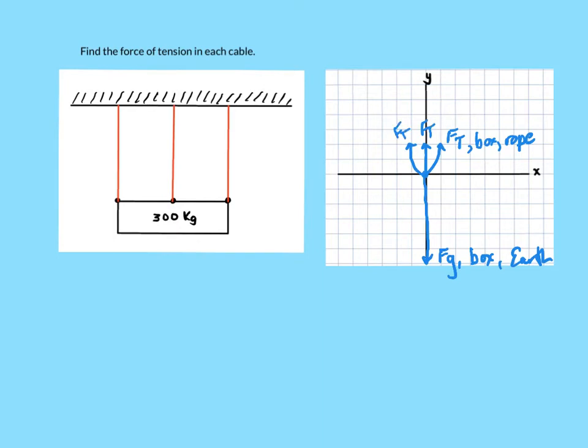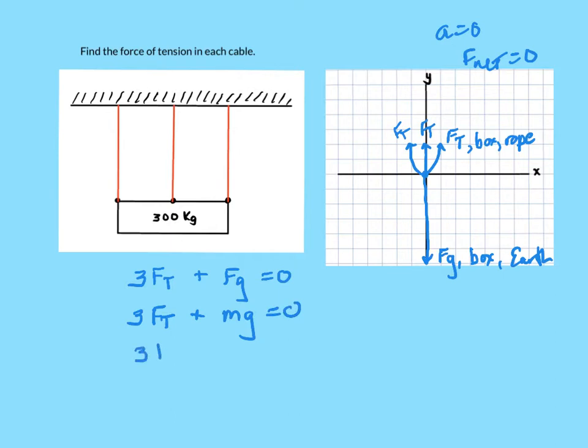Okay, so we might say that 3 times Ft plus the force of gravity equals 0, right? Because the acceleration is 0, so the F net is 0. Well, so 3 times the force of tension plus mg equals 0.